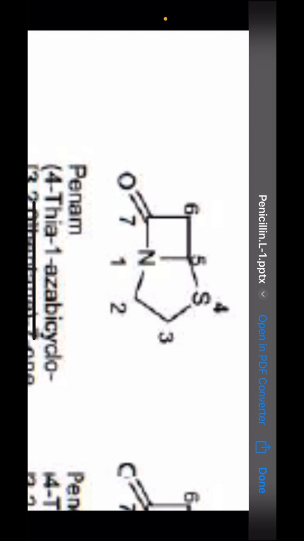The one ring has 3 residues, at 2, 3, 4 positions, and the other has 2 residues, at 6 and 7 positions. Between the bridge of C5 and N1 there is no other bridge, so it is named 3.2.0.